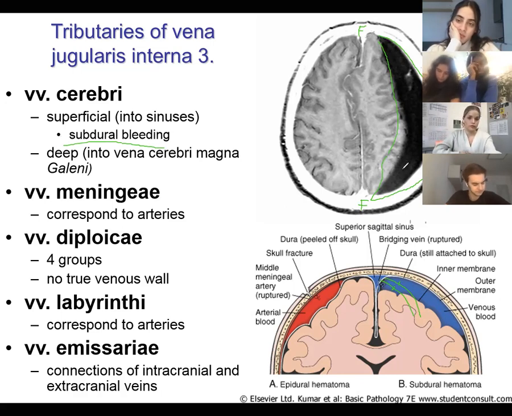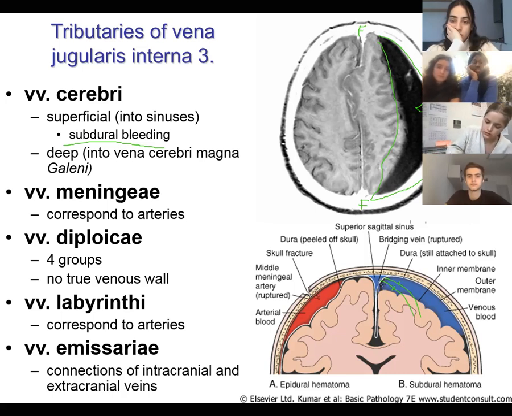It's larger, but it can cause the same problem: compression of the brain and loss of consciousness and even death. And it has to be again evacuated by trepanation, and you have to suck it out. Okay. So this is subdural venous bleeding, semilunar shape, from terminal segments of superficial cerebral veins.